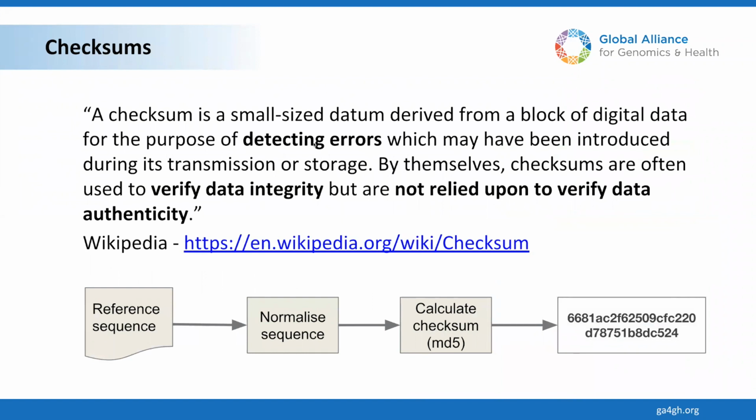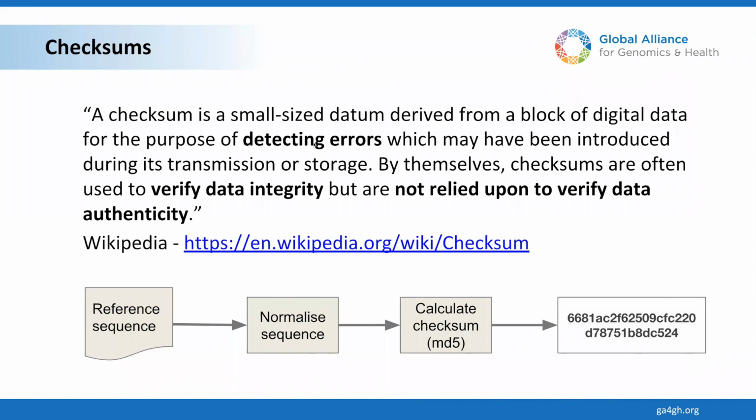One way of doing this is using a nice little algorithm called a checksum. A checksum, for those who are not aware, is a very small algorithm that can take in a stream of data and then generate another small payload of data that can be used to verify data integrity, by which if you apply the same stream of data through the same checksum algorithm, you will come out with the same answer at the other end.